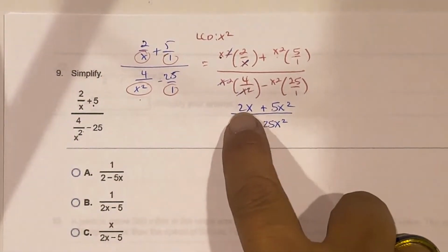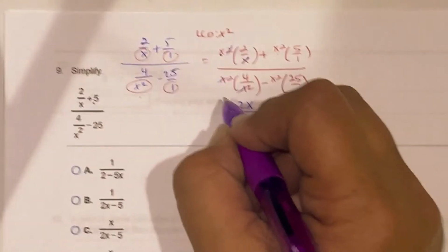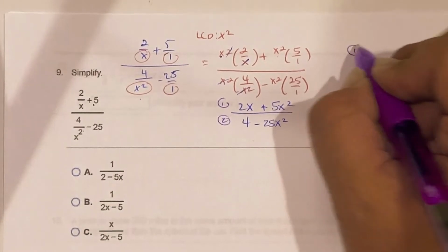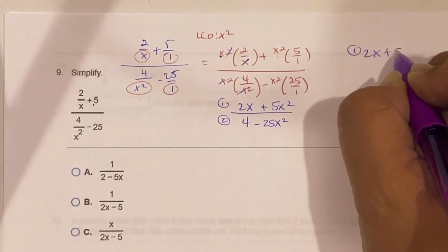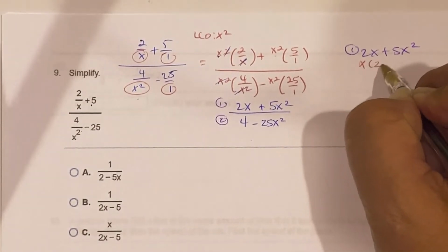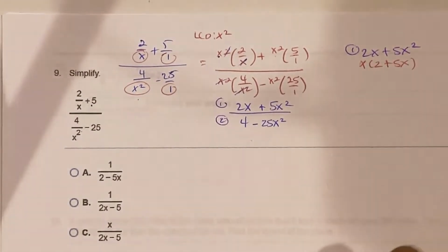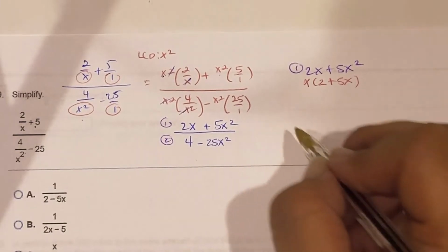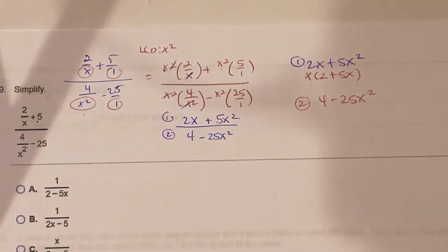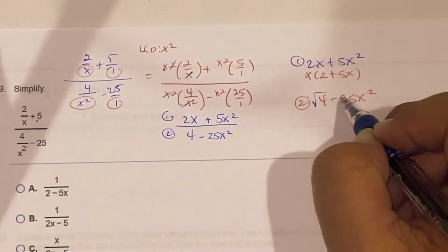Then, I notice that the numerator line, which is our number 1, can be factored. So number 1 says 2x plus 5x squared. They both share an x, so x came out, and I get 2 plus 5x. The number 2 is 4 minus 25x squared, which is difference of squares.